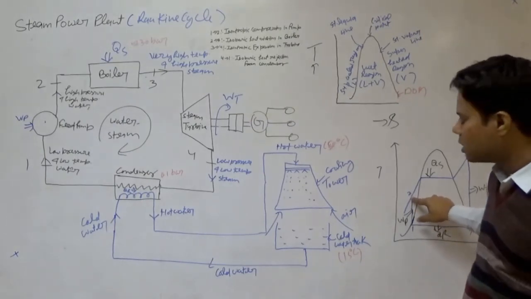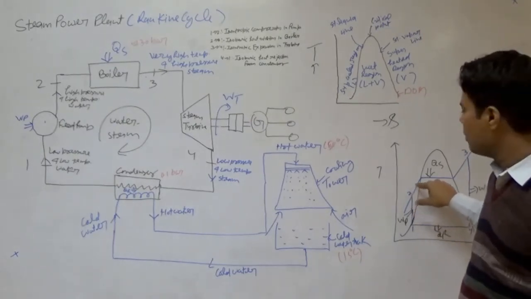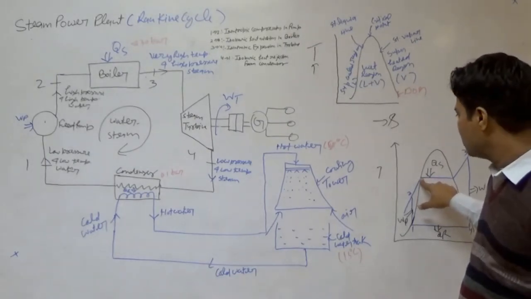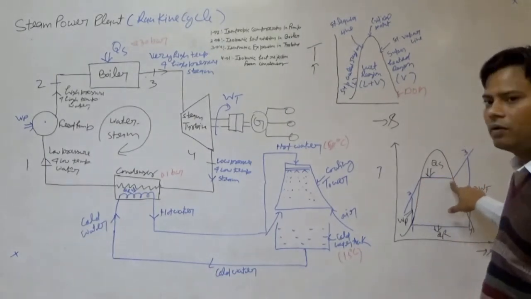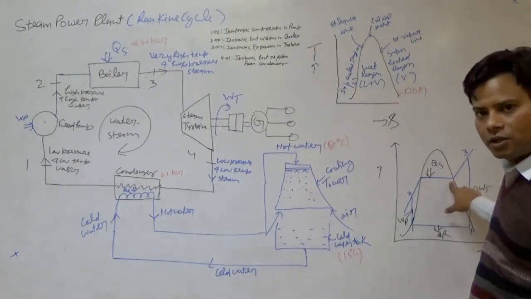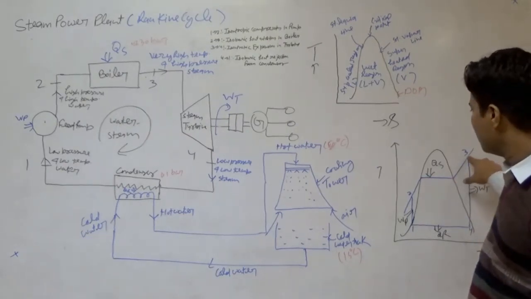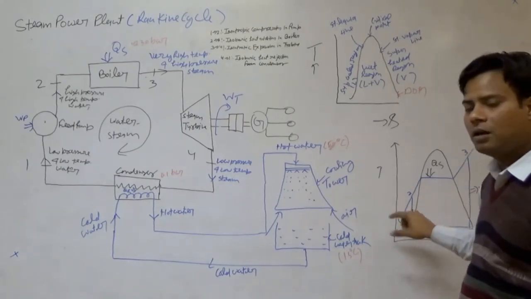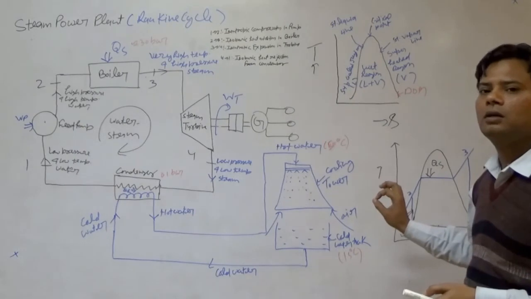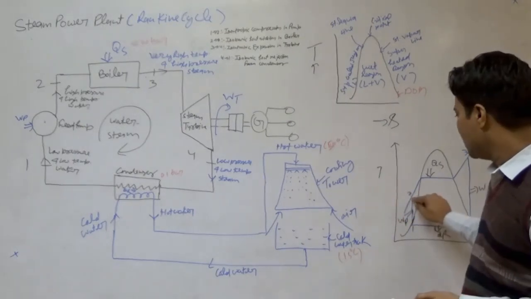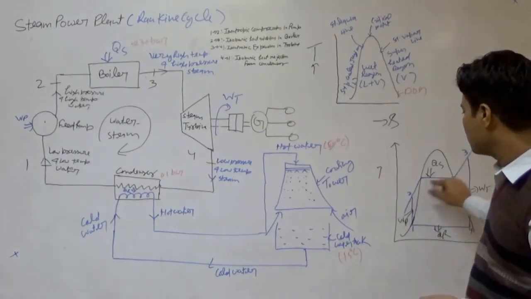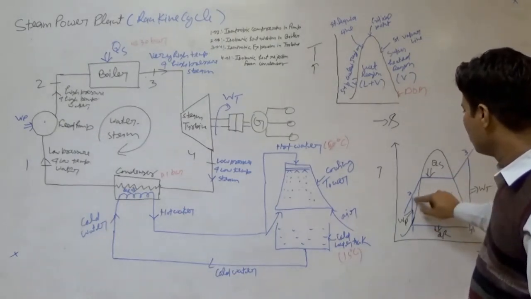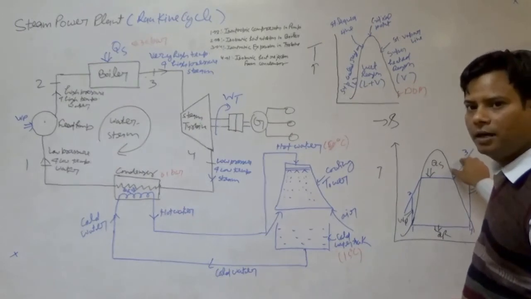First, the subcooled water is converted into saturated water, then this saturated water is converted into saturated steam. Then this saturated steam is converted into superheated steam. During that process, pressure remains constant but temperature increases. From 2 to 3, temperature increases but pressure remains constant. 2 to 3 is a constant pressure line.